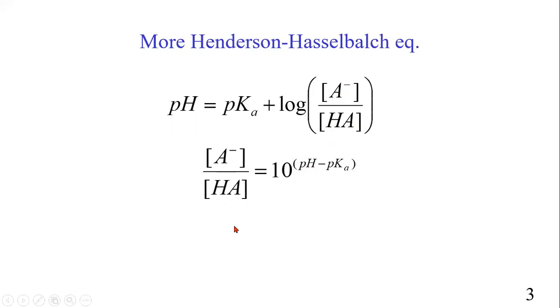And this is a very important type of rearrangement of the Henderson-Hasselbalch. I could also, if I have HA, calculate how much A- I should have in solution to give me that particular pH.